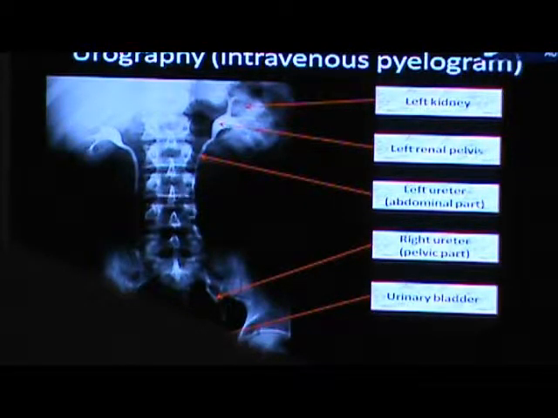Yes. How can we say which kidney is left and which is right? This is an anterior-posterior X-ray. The left one is lower or higher than the right one? The left one is higher.